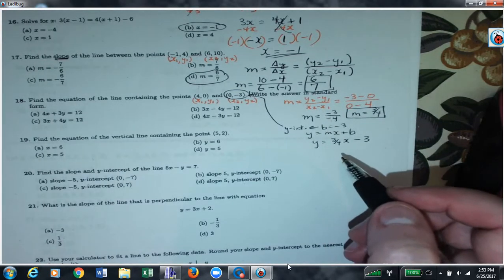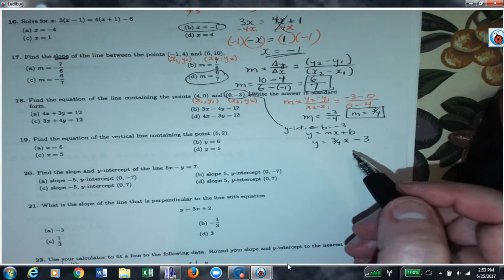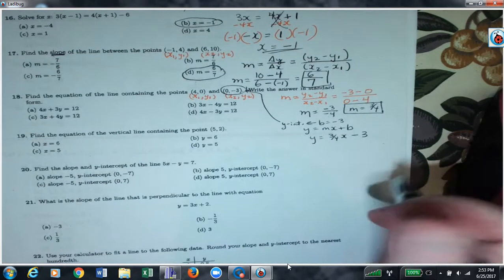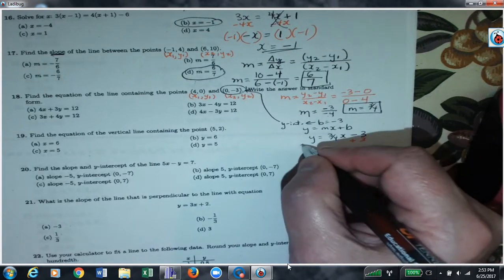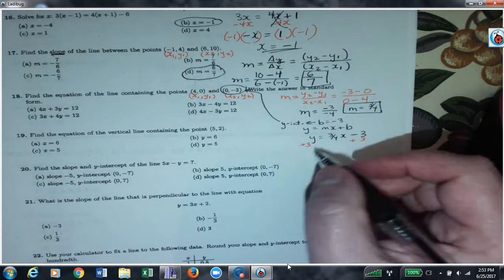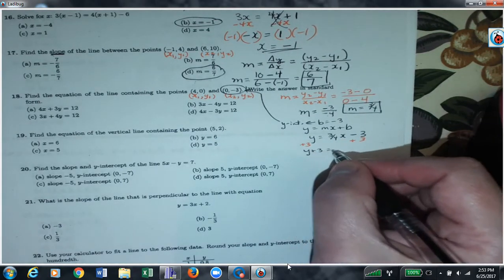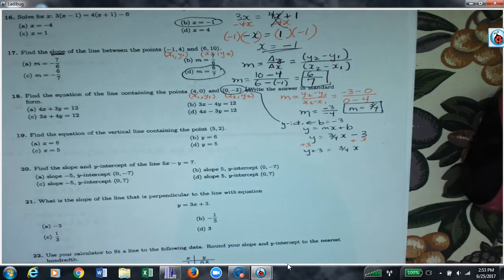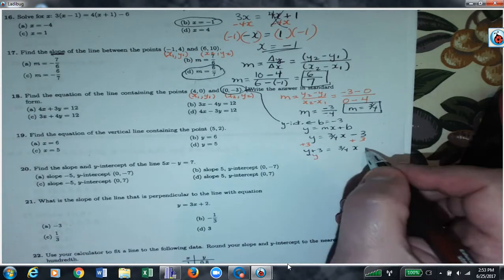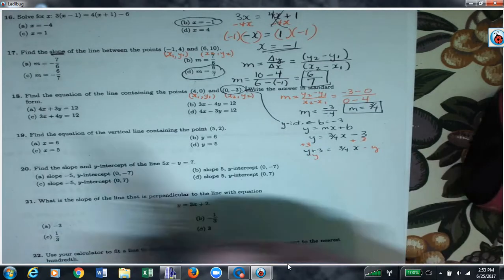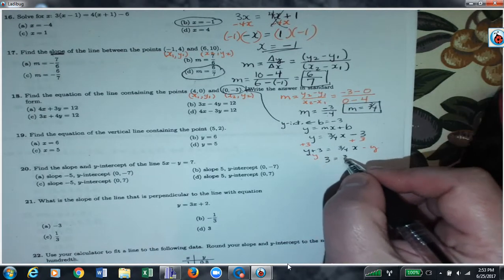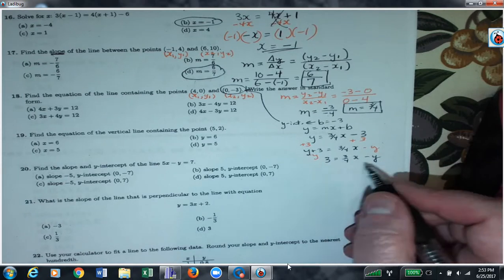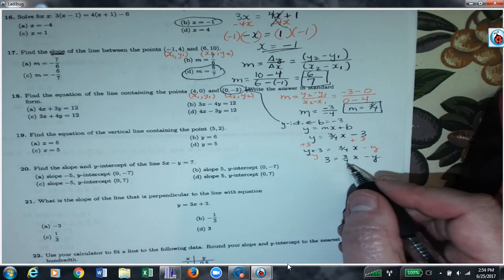Okay, so what I can do is I can add 3 to both sides. I can subtract y from both sides. And now I can multiply every term by 4.